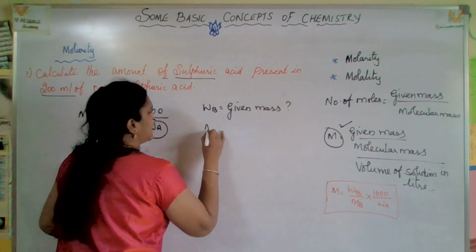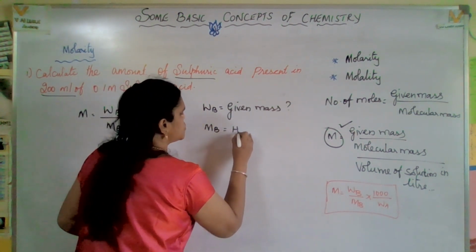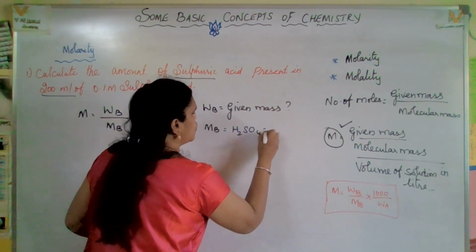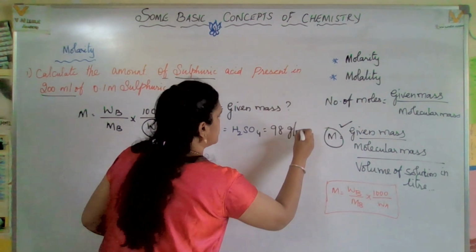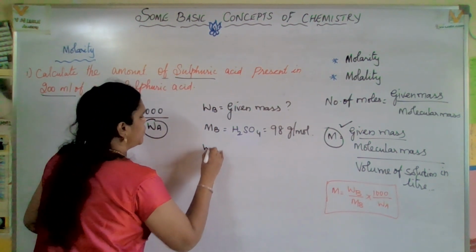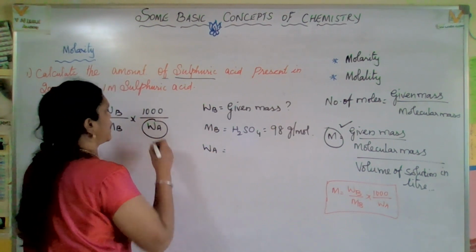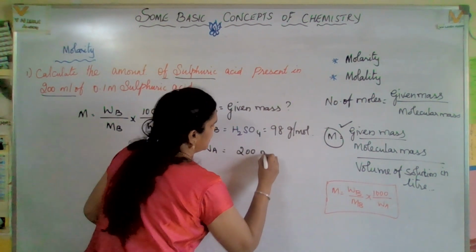Now, MB is the molecular mass of the substance. It is H2SO4. What is the molecular mass? 98 gram per mole. Right. Next, WA. What is WA? It is 200 ml.